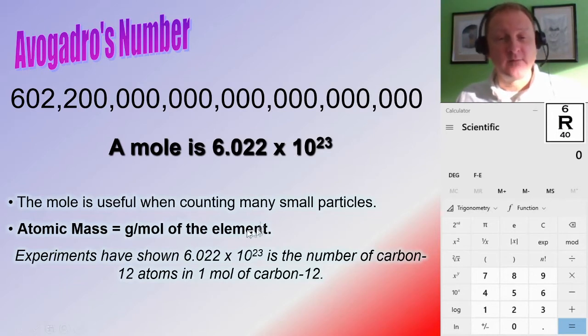That means for any element on the periodic table, if you have this many atoms of it, that would be its atomic mass in grams. This was determined by experiments with the isotope carbon-12: they found that for it to be 12 grams, there had to be this many atoms in it. That's the basis of where a mole comes from.